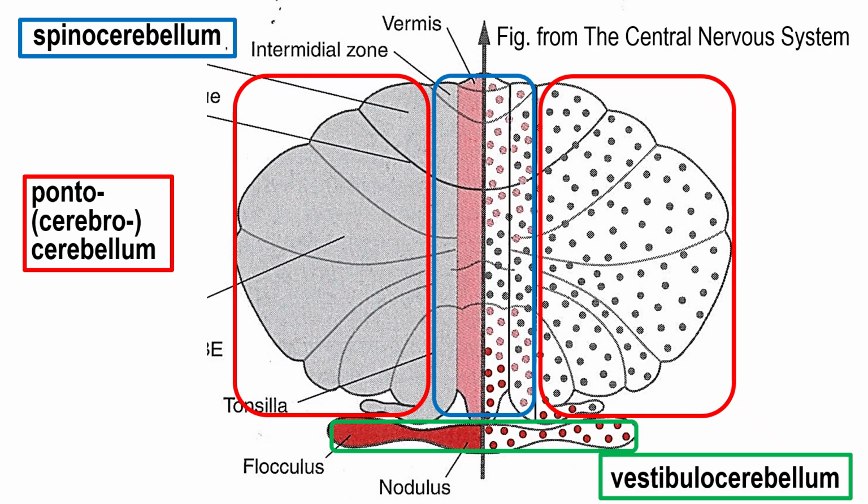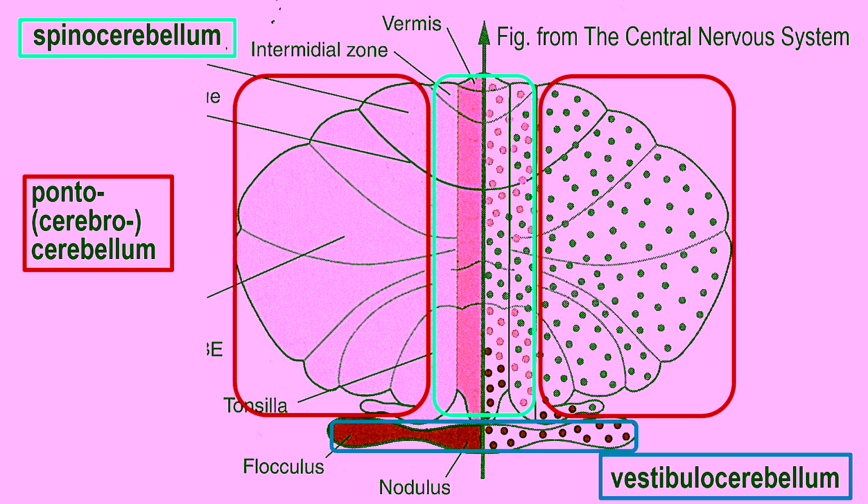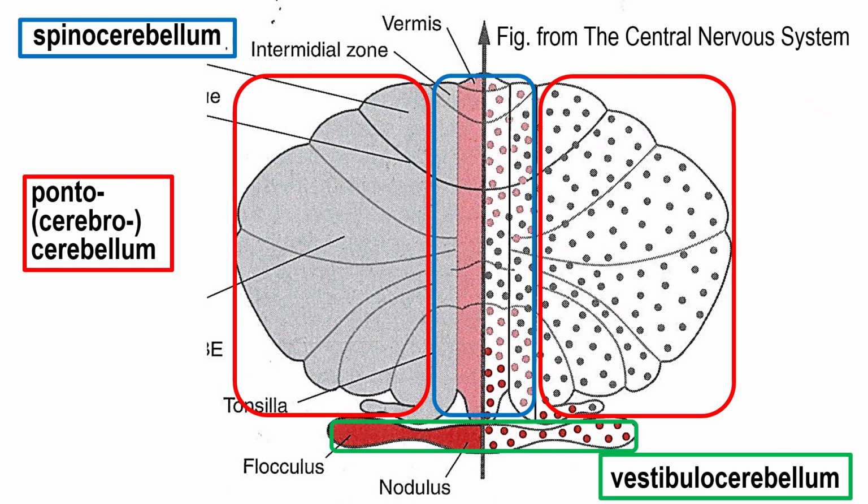It receives balance-related inputs, primarily from the vestibular apparatus and the vestibular nuclei, and is therefore also called the vestibulocerebellum. Output of the flocculonodular lobe is mainly to the vestibular nuclei.